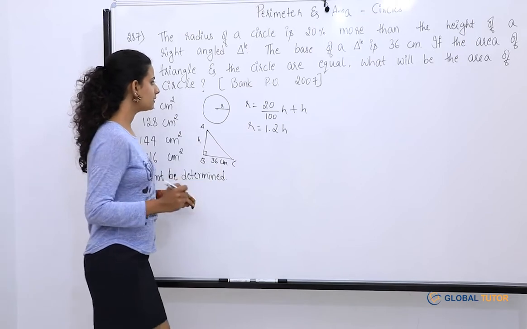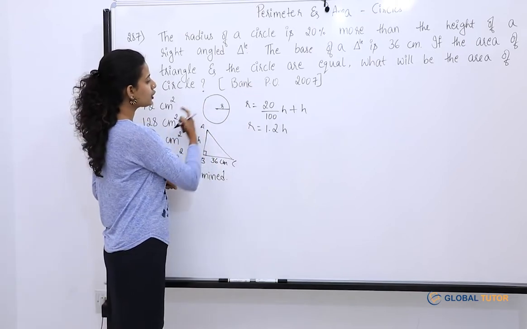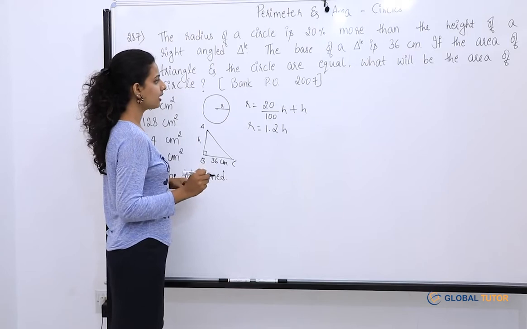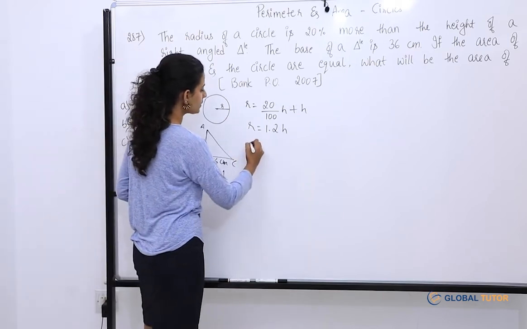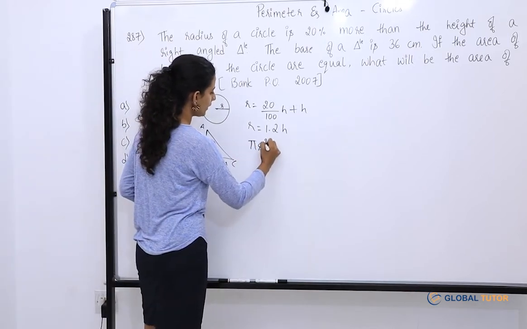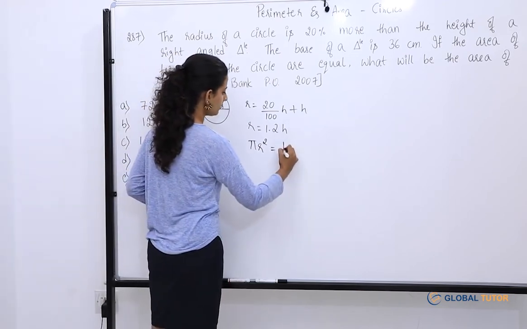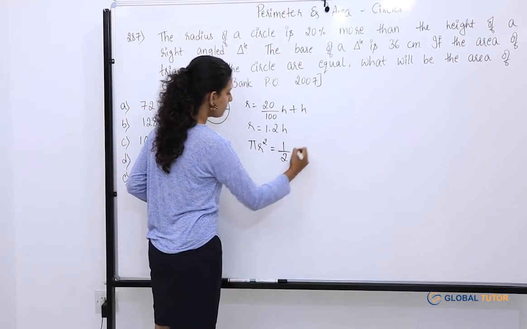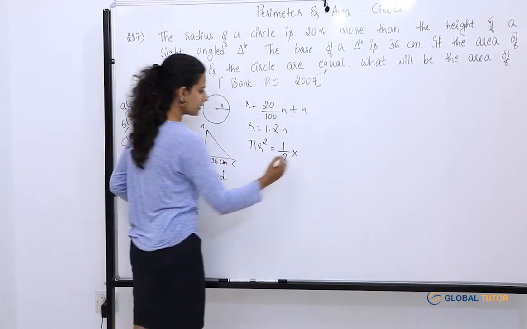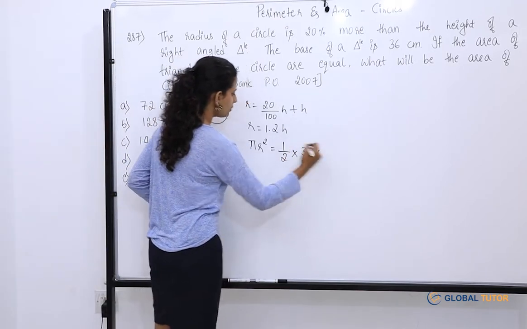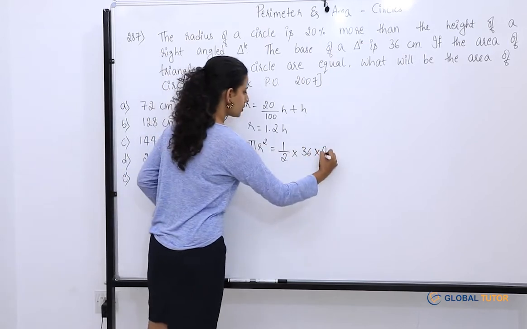Here we have the condition that area of triangle and circle are equal. We know that area of circle is pi r square, and they mention that this is equal to area of triangle, which is half into base is BC, that is 36 centimeter, into height, so h.